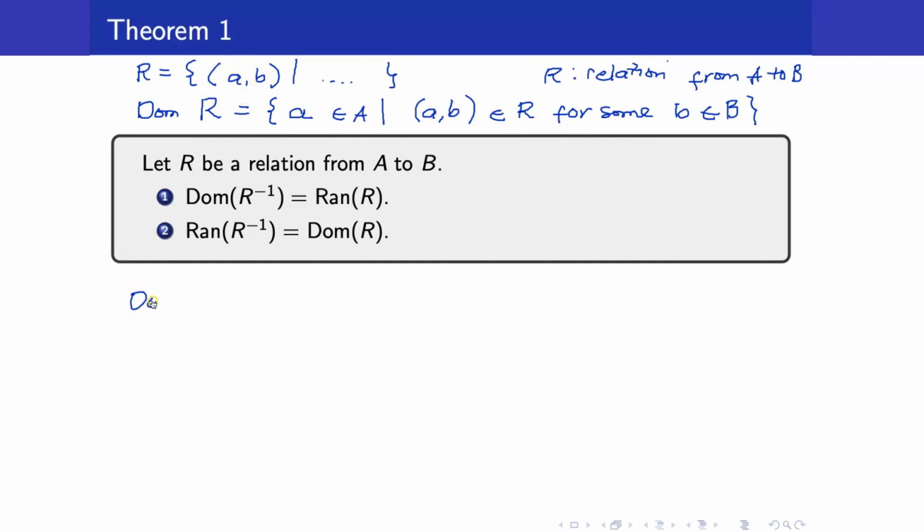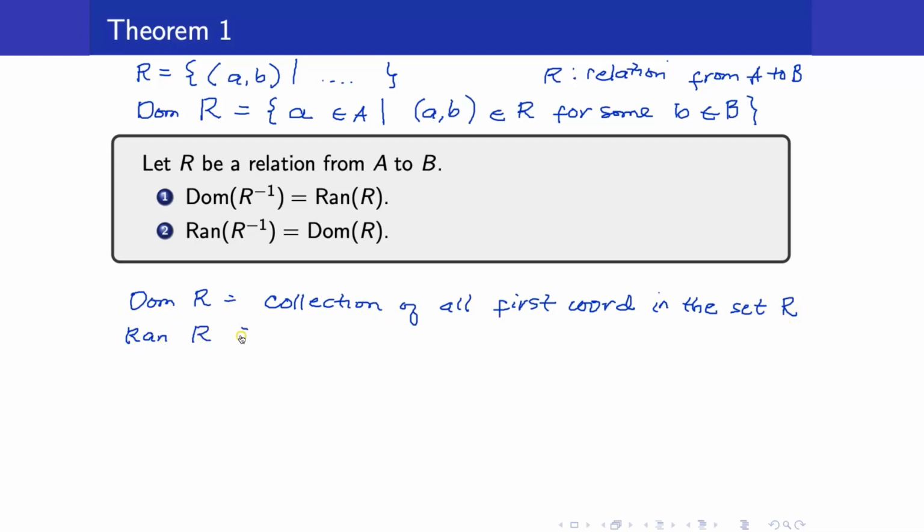So take note that the domain of R is just the collection of all first entries. So let me write it here, the domain of R. Again, this is not the set of real numbers. This is the collection of all first coordinates in the set R, and the range of R is the collection of all second coordinates.